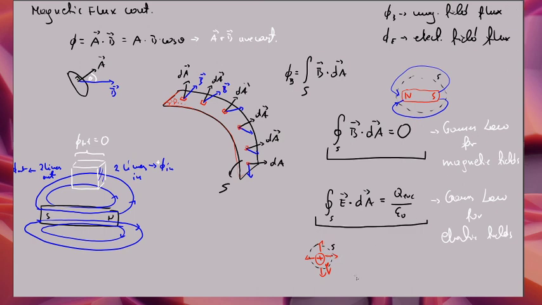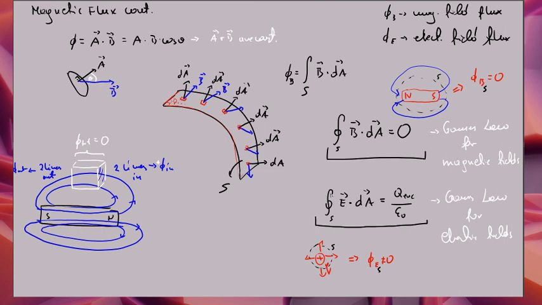So I'm going to write here on the bottom, this little picture implies that the flux of the electric field does not have to be 0, but this picture here on the top implies that the flux of the magnetic field through the closed surface has to be 0, right? It's not through any surface. This is just through the closed surface S, and this is also through the closed surface S.